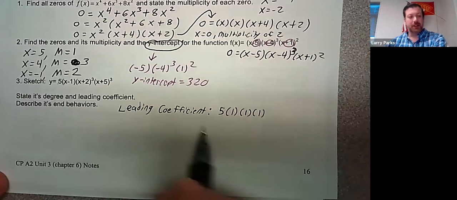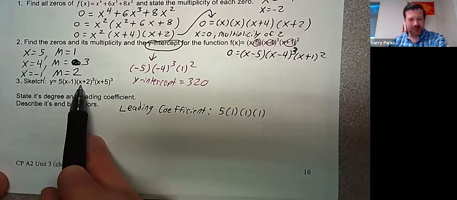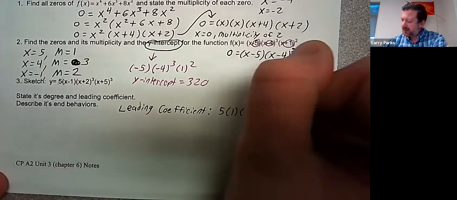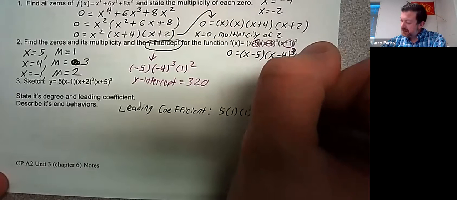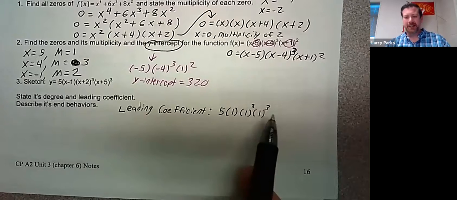And it's actually 5 times 1 to the first times 1 to the third times 1 to the third, but that doesn't really matter because 1 to the third is just 1. So if I multiply all that out, I just get 5.